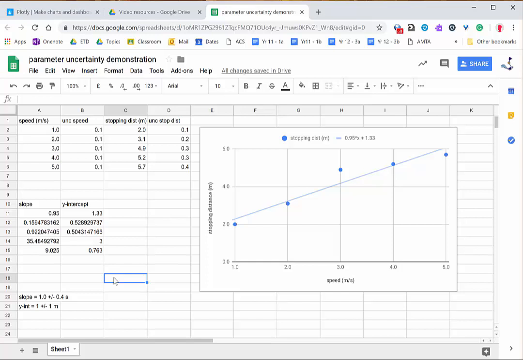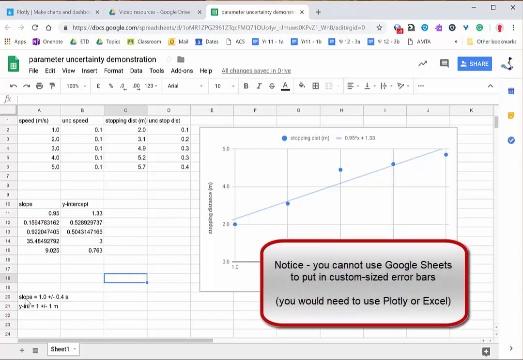So in this case, if you were expecting your y-intercept to be 0, then you could say that your data does agree with that expectation. Same if you're expecting your slope to be, say, 1.2, your slope would, well within that 95% confidence interval, agree with an expected value of 1.2. So that's how you can use Google Sheets. You can also use Microsoft Excel in the same way to calculate the uncertainty on your slope and y-intercept.